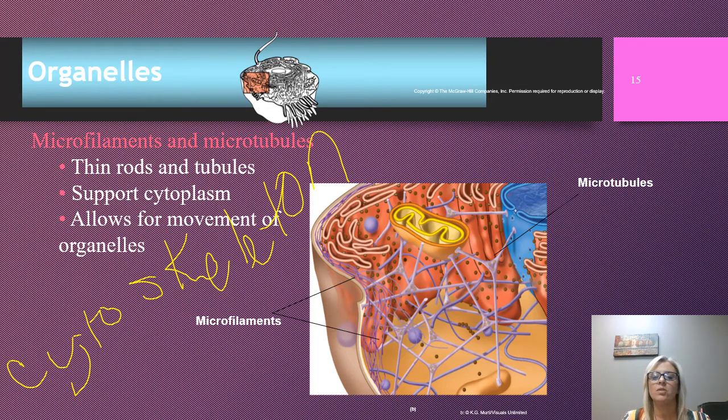You can see here in the picture that we have the microfilaments have a little bit different look. They're a little thinner. The microtubules are a little bit larger because they are tube shaped. Be sure when you're looking at these on APR that you pay attention to which is which, because that's another commonly missed question, and that would be on the lab exam. Okay, and so this isn't lab, but I'm thinking about it now, so I want to make sure I point it out to you. So pay attention on APR which one of those are which, because they look very, very similar.